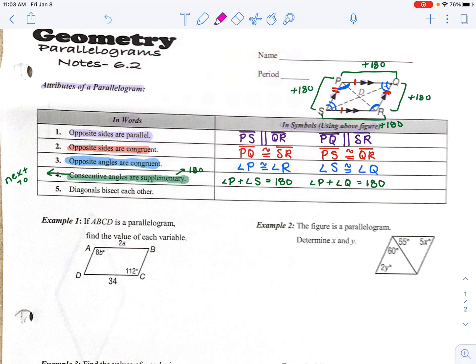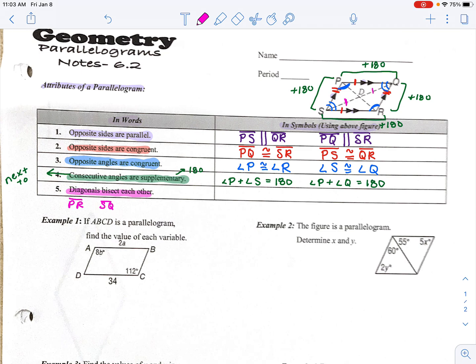And finally, the last thing here: diagonals bisect each other. A diagonal is a line that connects two opposite angles, and it cuts the shape in between. For example, PR is a diagonal, and SQ is a diagonal. When we say bisect each other, that means they cut each other in half.